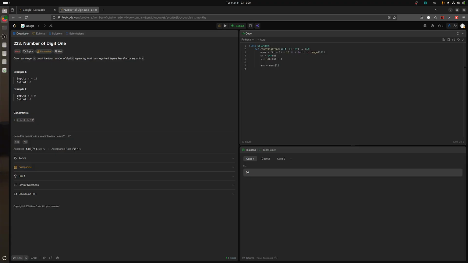And now here is what we are doing. For the in range length, so we go through each digit.